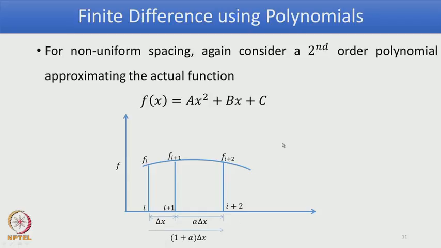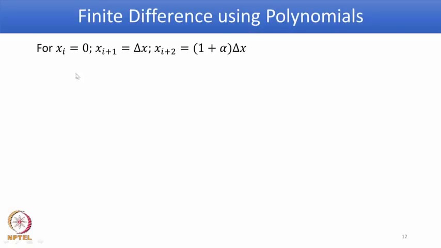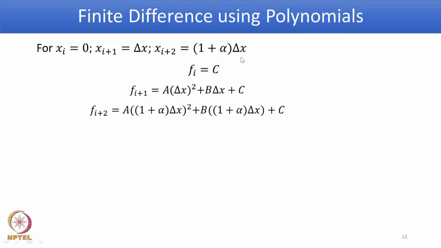So, we follow the same procedure, expressing this quadratic polynomial that we have assumed at all the 3 points, then find out how to estimate these coefficients a, b, c. So, at x of I, which is the point of interest, the x I value is 0, and x of I plus 1 is delta x, and x of I plus 2 is 1 plus alpha times delta x.